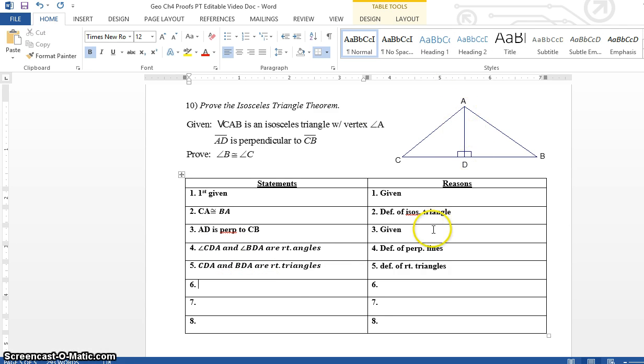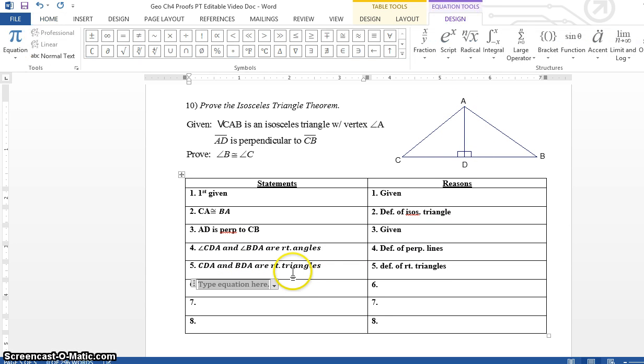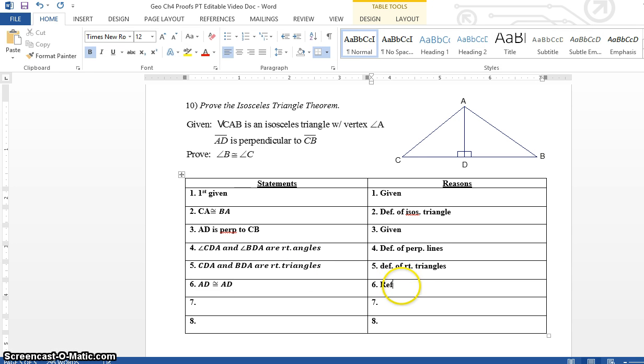What else do we notice? Well, we can use AD, it's congruent to itself. If we do that, we can say segment AD, make sure you show the segment symbol on top, is congruent to AD by the reflexive property of congruence. I'm just going to type reflex for time. But because of this, we get SSA. Oh, that's bad.